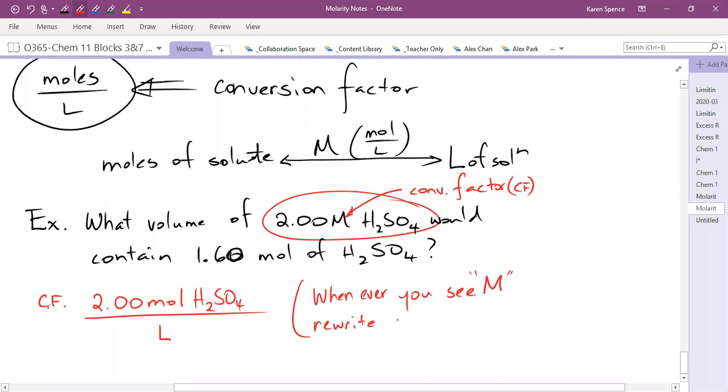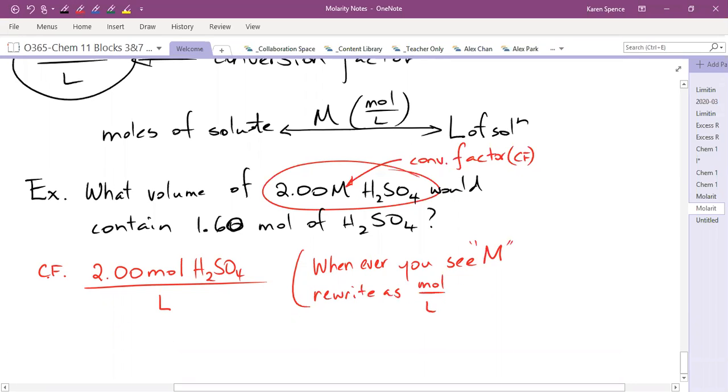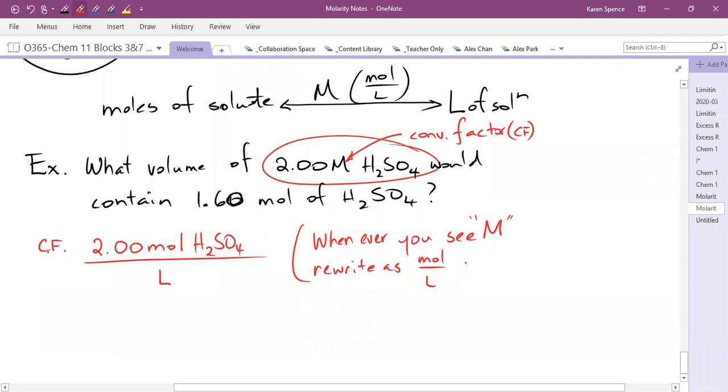Rewrite it as moles per liter so you can see that it's a conversion factor.